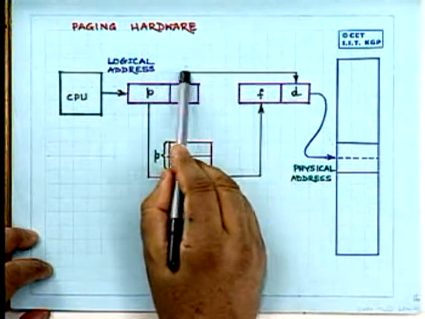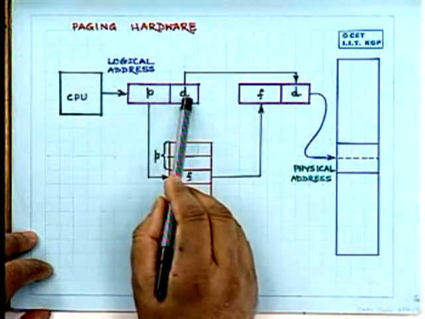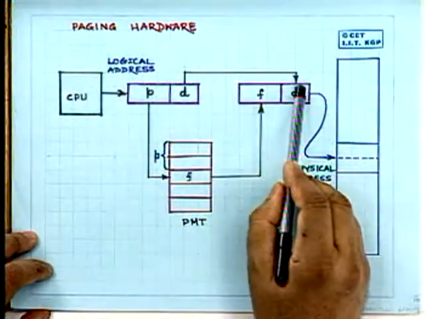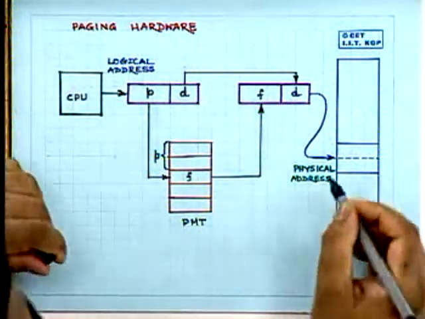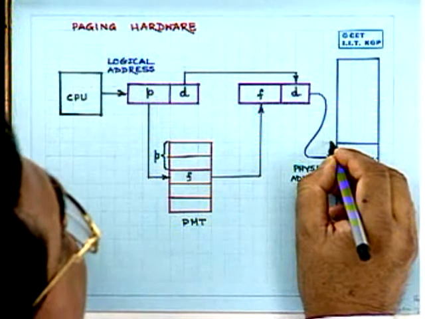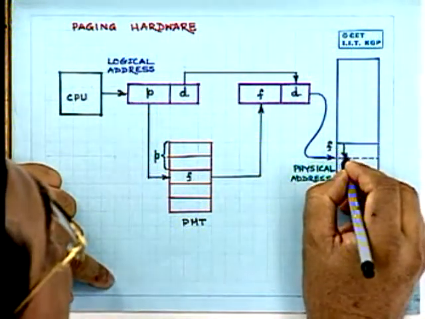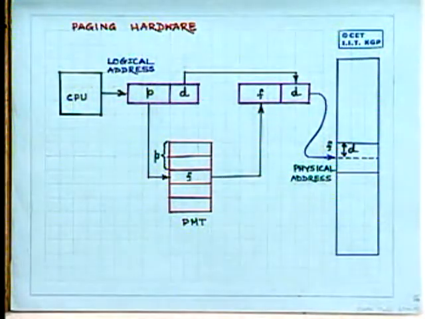The displacement comes directly as the displacement here. Therefore, that page displacement is now mapped into the frame displacement, and we get the physical address here, where this is F, the frame F, and this is the displacement D. Okay.